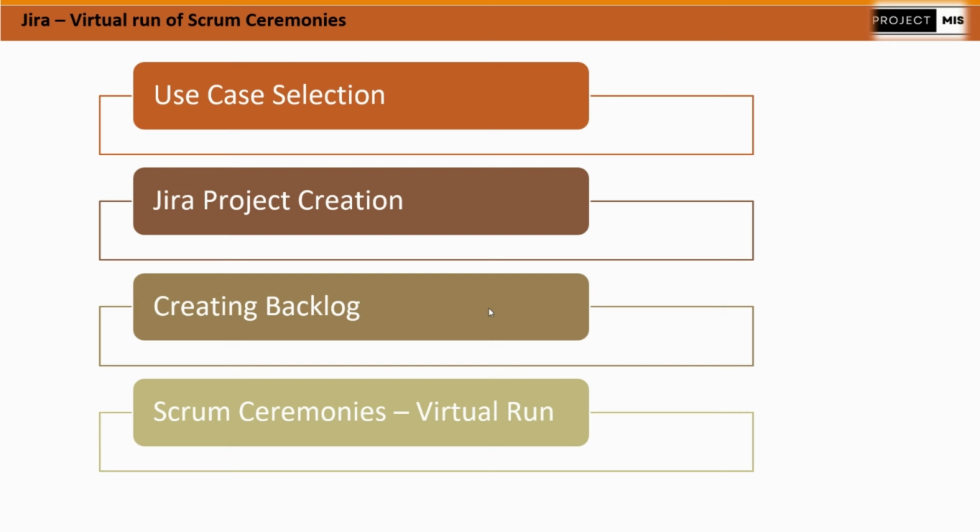First thing is to make a structure of the backlog, how many epics, stories and tasks, and then once we have that use case ready with us, we will start with Jira hands-on and create a new project, create the backlog, and then we'll start with the Scrum ceremonies. So let's start with the use case selection.